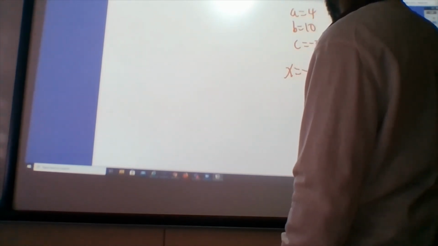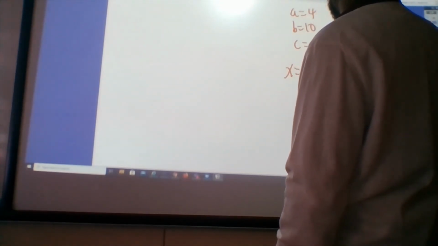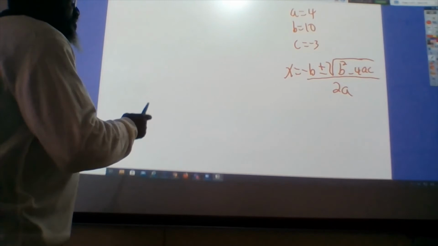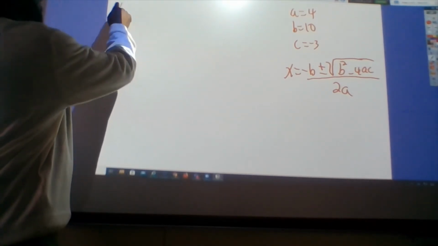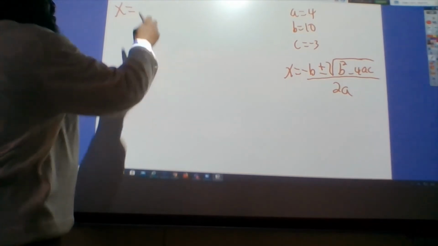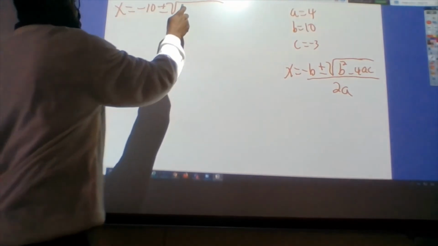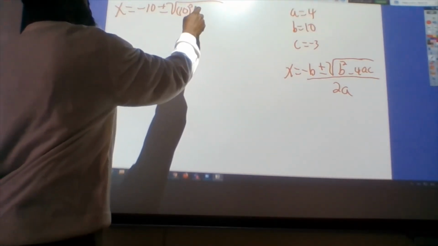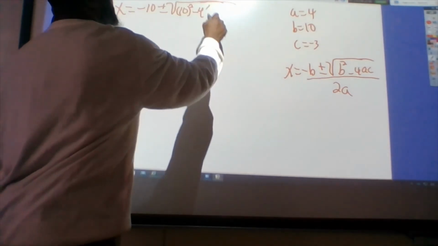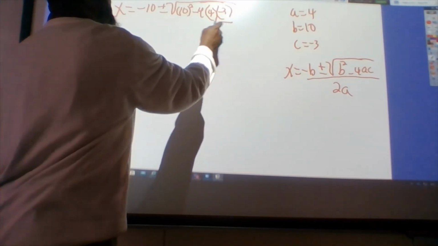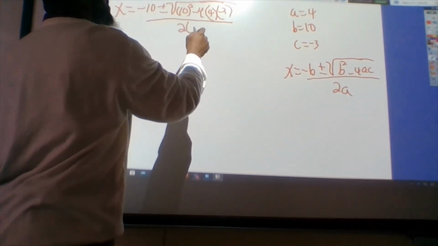So let's go. x equals minus b, b is 10, so minus 10, plus or minus the square root of 10 squared minus 4 times a, which is 4, times c, which is -3. Everything is over 2 times a. In this case, a is 4, a is no longer 1. So we'll have x equal -10 plus or minus, 10 squared is 100.